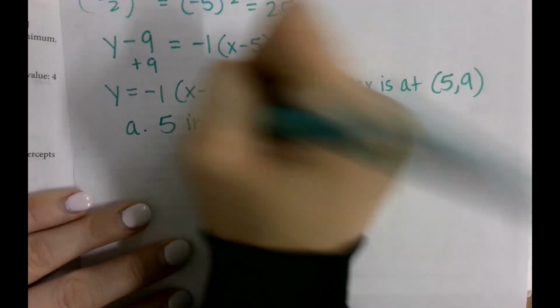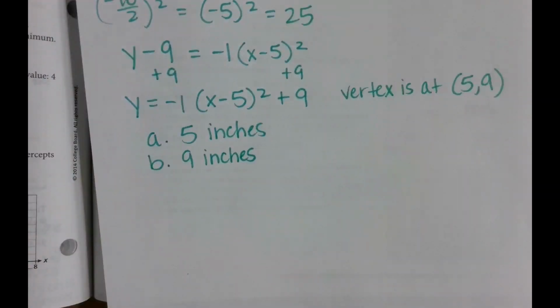So A would be 5 inches, and then B is asking what is the maximum height of the arch. Well, the maximum height is my y value of my vertex, so that would be 9.